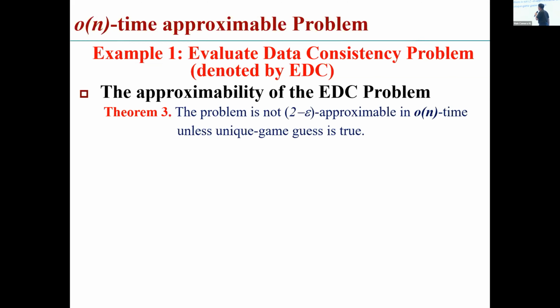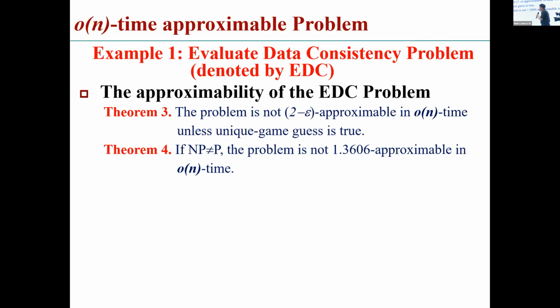First, the problem is not (2 minus epsilon)-approximable in sublinear time, unless the Unique Games Conjecture is true. Also, if NP is not equal to P, the problem is not 1.3606-approximable in sublinear time.